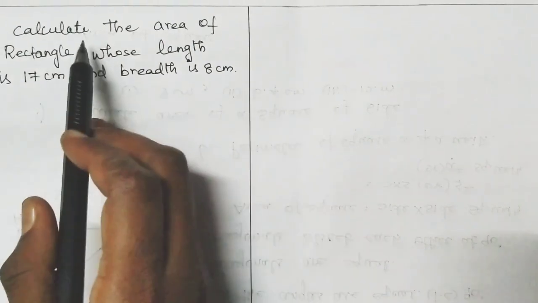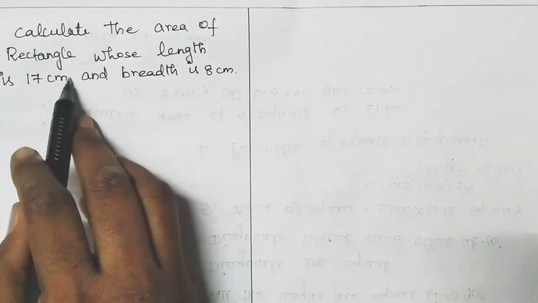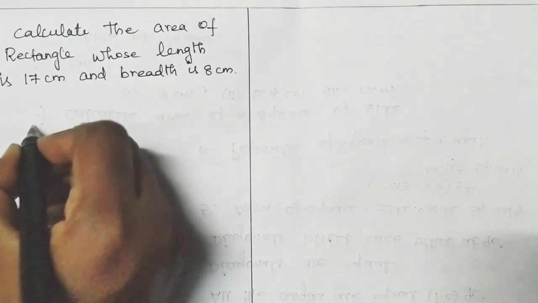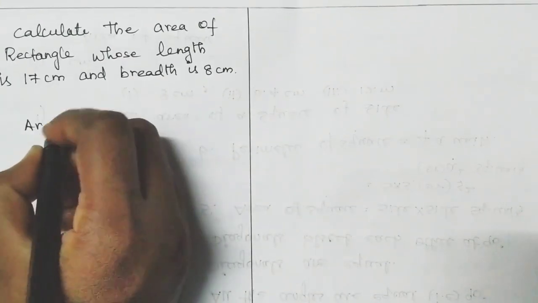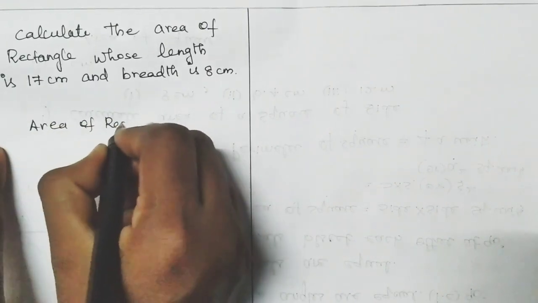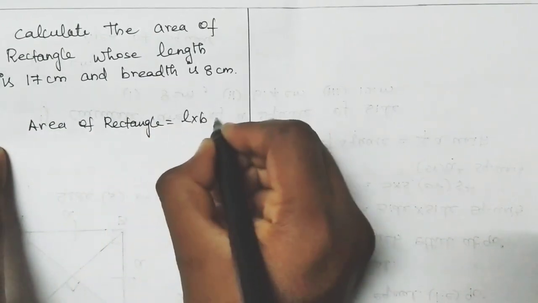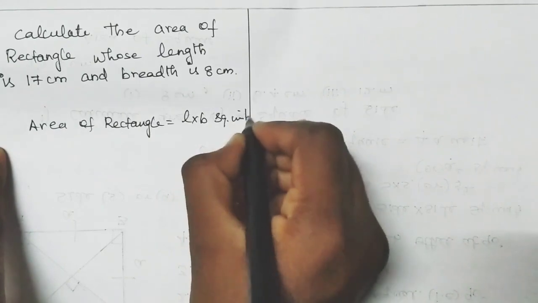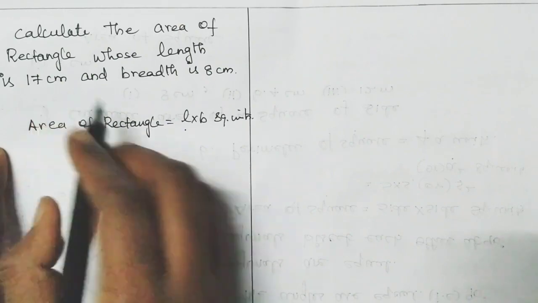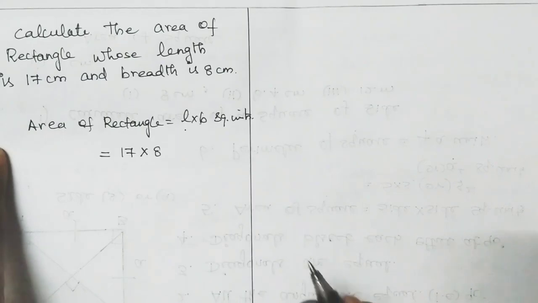Now listen to the first sum. Calculate the area of rectangle whose length is 17 centimeter and breadth is 8 centimeter. So area of a rectangle formula: L into B, that is length into breadth square units. L into B square units, which equals 17 centimeter into breadth 8. 17 into 8.